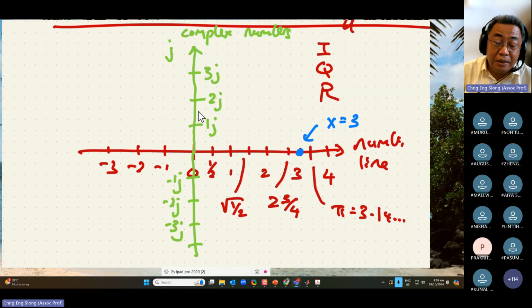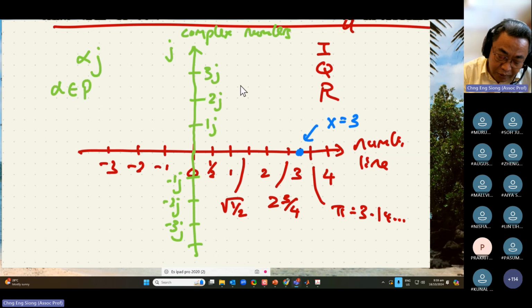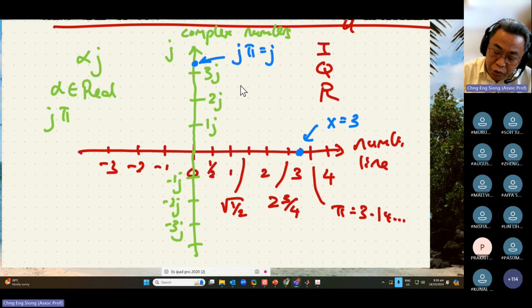And of course, anything in between is still okay, because I should be calling it alpha J, where alpha belongs to the real. So maybe I can have J pi. Where's my J pi? 3.14, blah, blah, blah. Here, J pi.